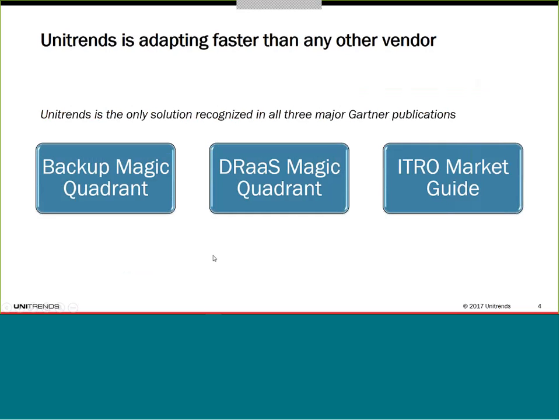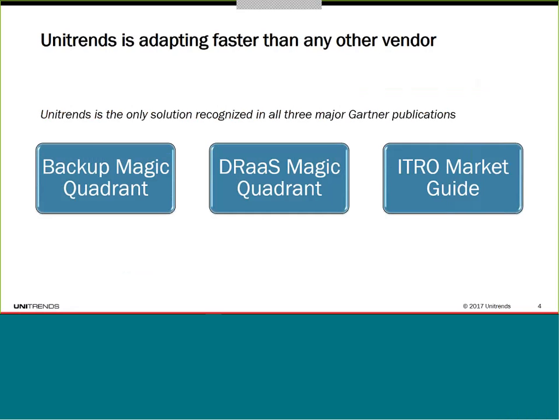One thing that really stands out from Unitrends' perspective, as we start talking about enterprise and large enterprise opportunities, is that Unitrends is adapting faster than any other vendor. You look at the three major Gartner publications, the Backup Magic Quadrant, the DRaaS Magic Quadrant, and the ITRO Market Guide.